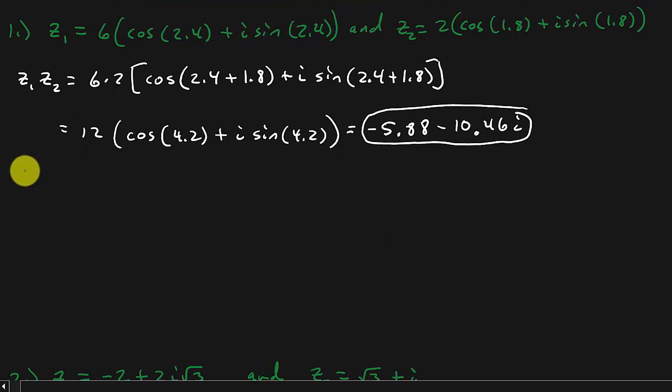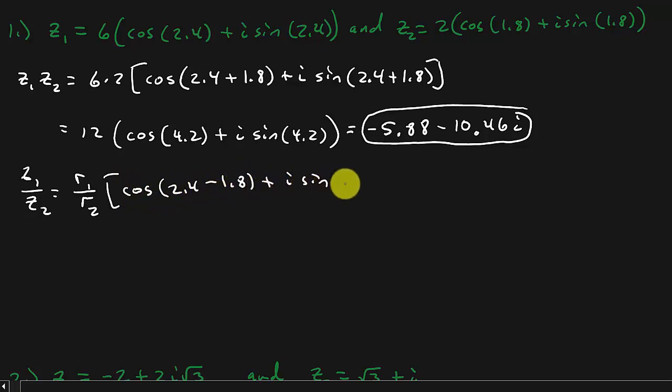All right, now let's do z1 over z2. So that's r1 over r2 times the cosine of 2.4 minus 1.8 plus i sine of 2.4 minus 1.8. Why did I write r1 over r2 as 2.4 over 1.8?